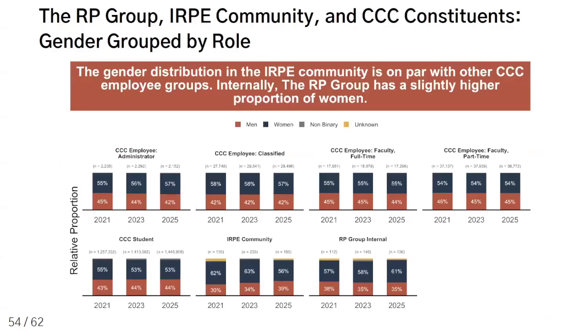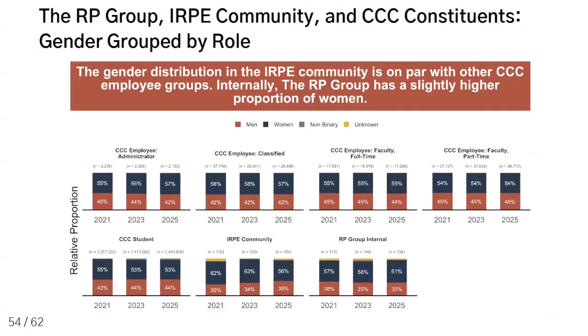All right, so on these next couple ones, you're going to see the same breakdowns across everyone. We'll have administrators, classified professionals, full-time faculty, part-time faculty, then the student population, then the community, and then internally for the organization in the same way.